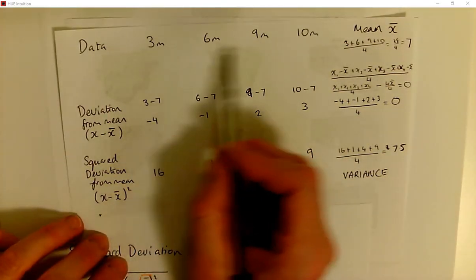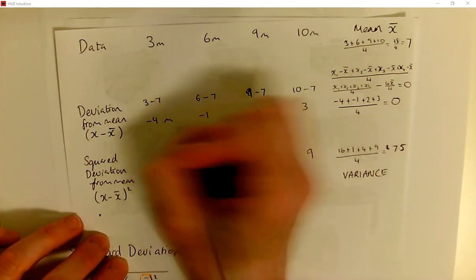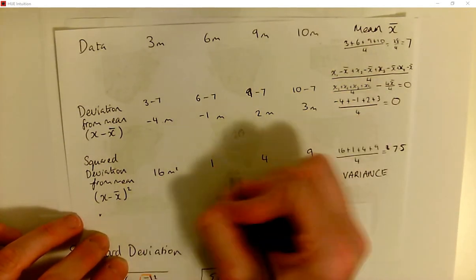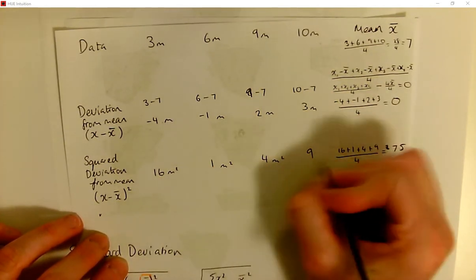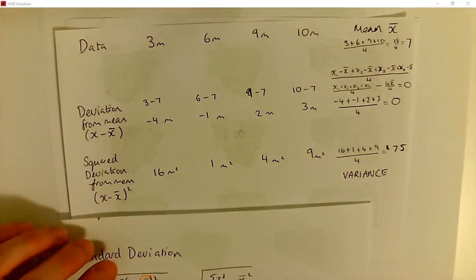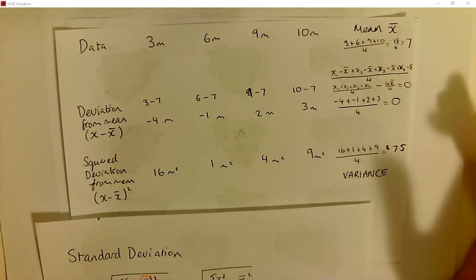So if the data were meters, these deviations from the mean would also be meters, but as soon as we square, we're in meters squared. Okay, so that isn't as helpful. It does give us a nice, sensible measure of spread, but it isn't in useful units for us to interpret.